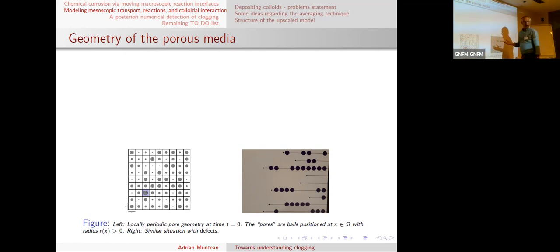It's a way of looking. If I'm looking far enough, all looks gray or something. This is one representation. But of course, you see a periodic grid and some balls around. But maybe this can disappear, right? Some parts could disappear. And it doesn't have to be that everything is present there. I could have defects in this picture.